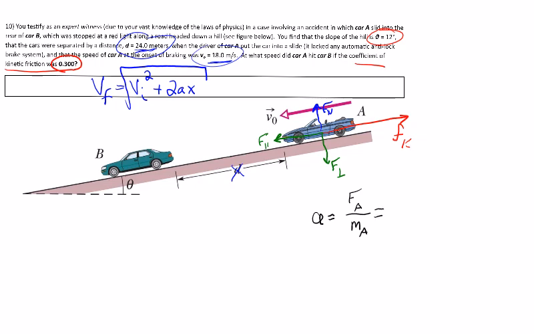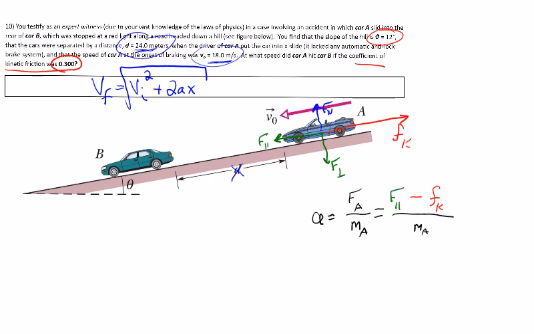The net force on car A has a parallel force that's in the direction of our motion, and then friction acting in the opposite direction. That's the net force along here, because the normal force and the perpendicular force just cancel each other. And then that is divided by the mass of car A.